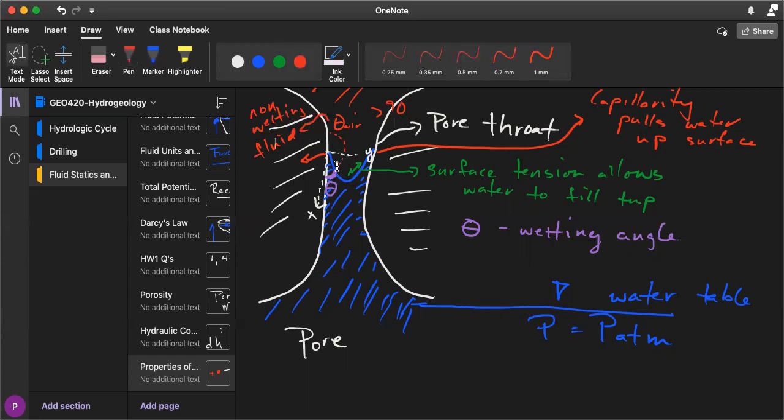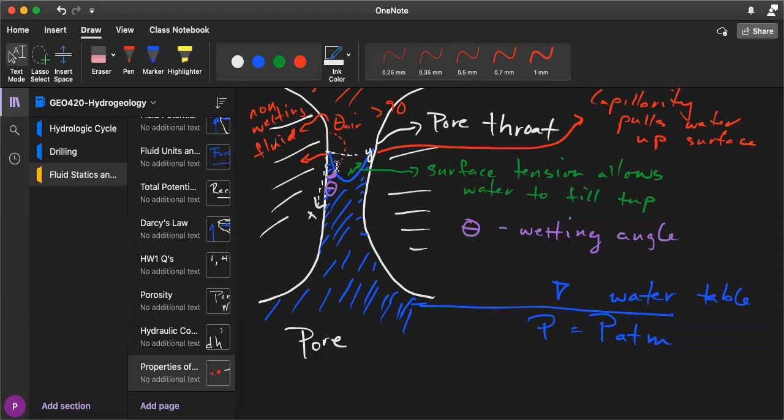These wetting and non-wetting fluids become really important when we're thinking about water in the vadose zone, but also when we have contaminants, oil and gas, that get put into groundwater systems all the time. Now we've got three fluids: oil, water, and air. Depending upon the surface chemistry of the minerals, oil could be the wetting fluid and water the non-wetting fluid.